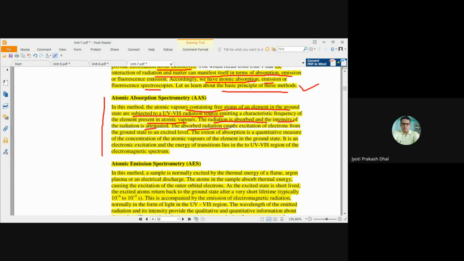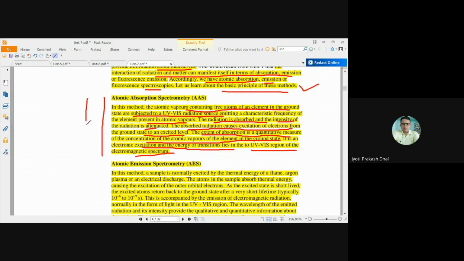The absorbed radiation causes excitation of electrons from the ground state to the excited level. The extent of absorption is a quantitative measurement of the concentration of the atomic vapors of the element in the ground state. It is an electronic excitation, and the energy of the transition lies in the UV visible region of the electromagnetic spectrum.